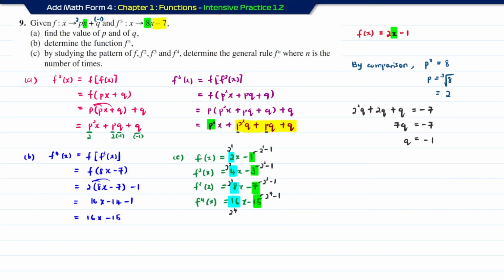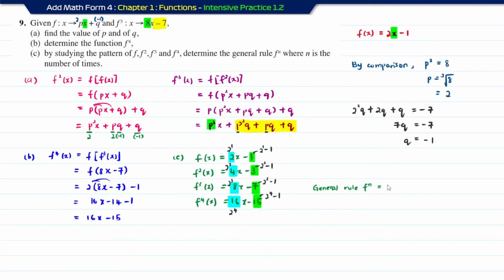Now for us to determine the general rule, I'm going to write it here. So the general rule of fn. The number that didn't change, we're just going to copy, and the power, which is changing here from 1, 2, 3, 4, we're going to replace it with n.